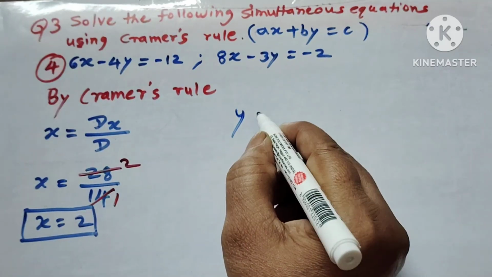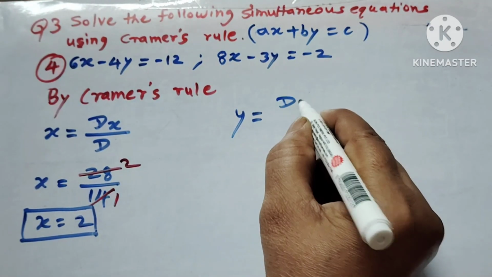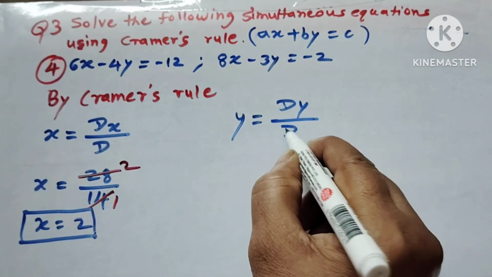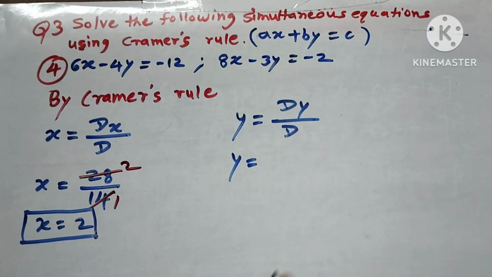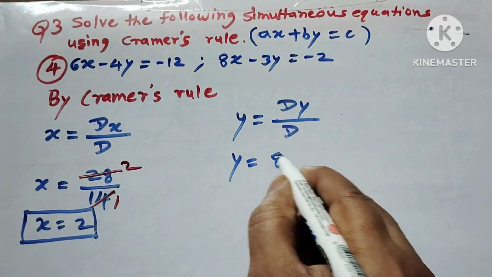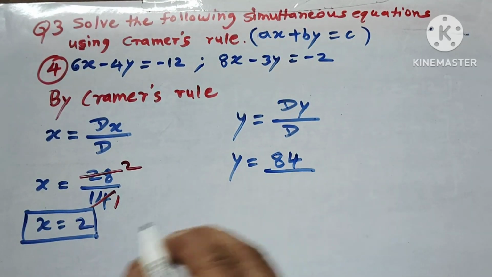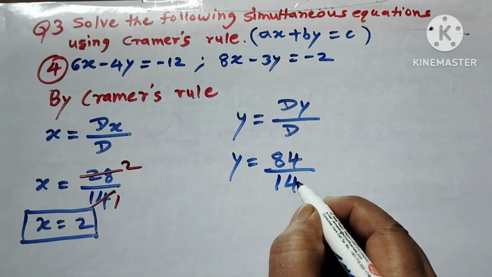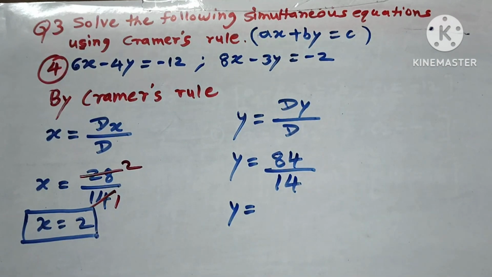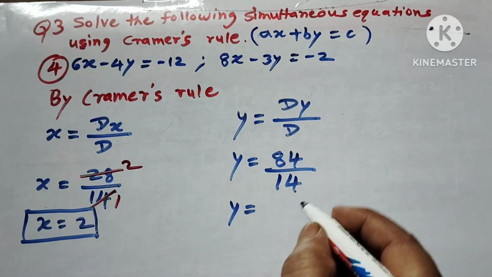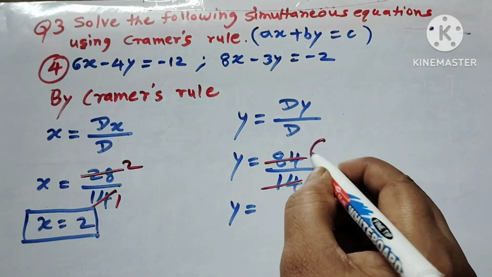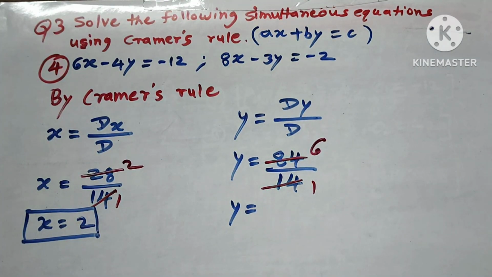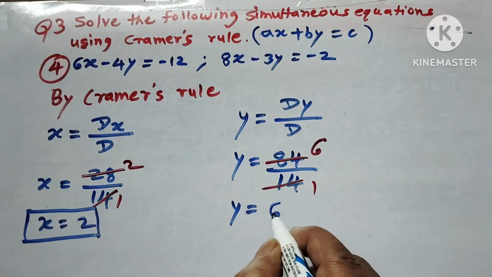Then y is equal to dy upon d, put the value of dy, 84 upon value of d 14. 14 ones are 14, 14 sixes are 84, then y is equal to 6.